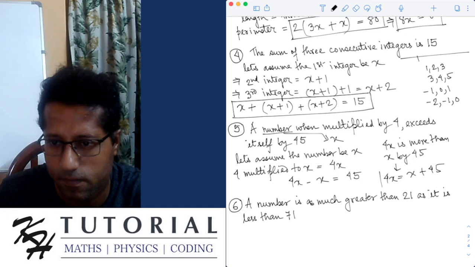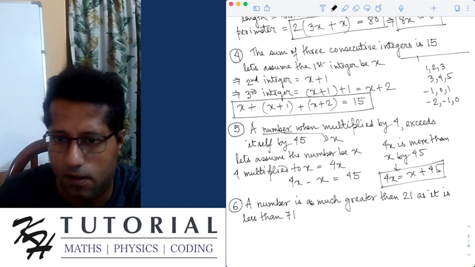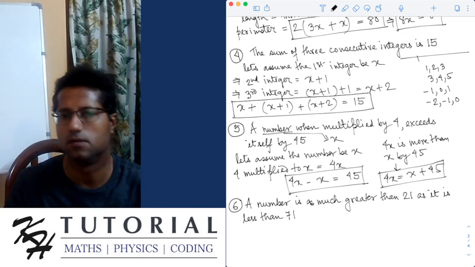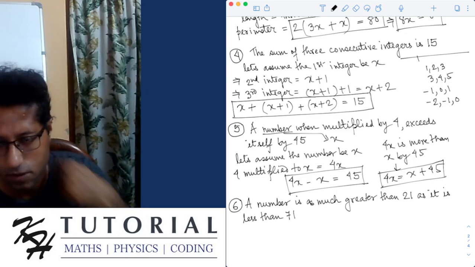Now this equation and the earlier equation are the same linear equation. It will give the same solution.